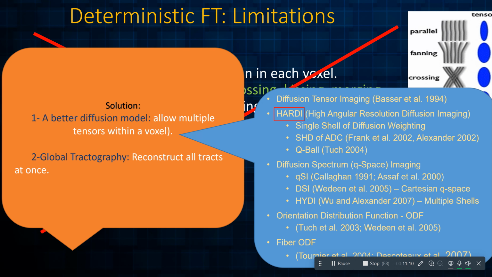There have been several acquisition methods like HARDI, diffusion spectrum imaging, and ODFs or fiber ODFs, but we didn't have the instrumentation for that, and they're hard to do, especially with patient motion. A patient has to be restricted in the MRI scanner for 45 minutes to 1 hour. So there are certain limitations when it comes to the practicality of these methods.